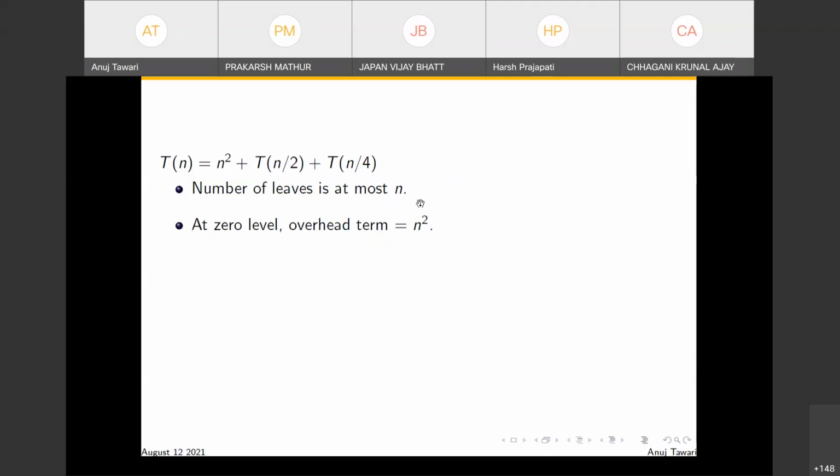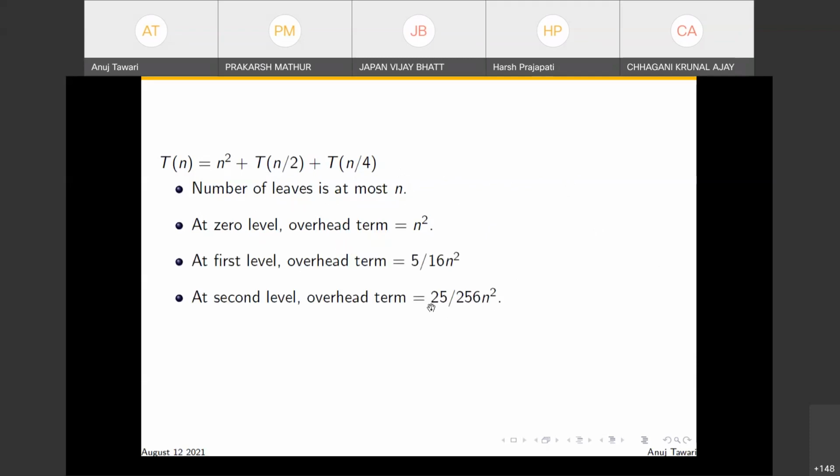So the tree is not that important. What I want to see is the overhead term. If you have calculated this, it will become 25 by 256 n square. And you sum up all these terms. So what special do you see about this series?